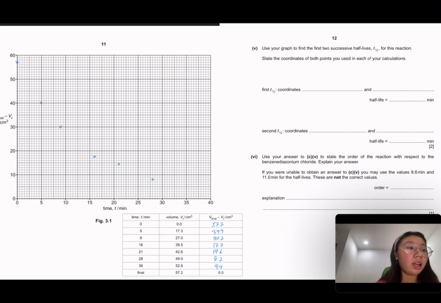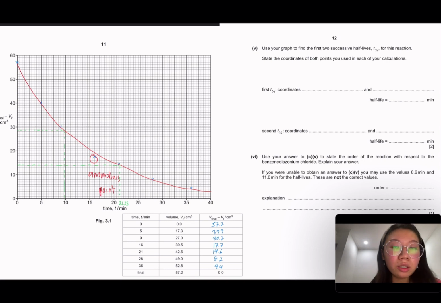So again, that is the value and you have to plot it with a cross, and that would be the curve. It's not perfect, matter of fact it's far from perfect, and the one on the bottom would be your anomalous point.